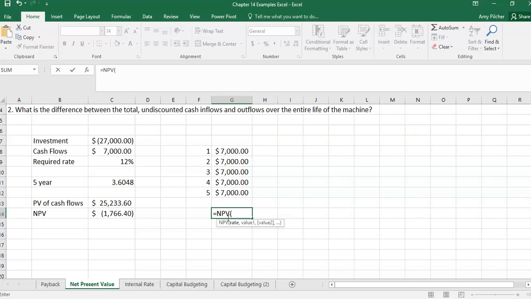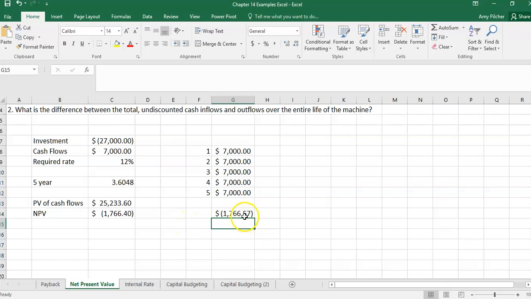You put parentheses, click on the required rate of return, then put a comma, select all of the cash flows, close your parentheses, and then add your investment. You can see the net present value.